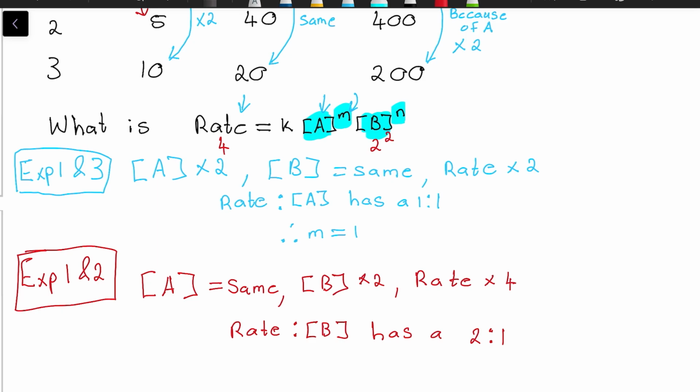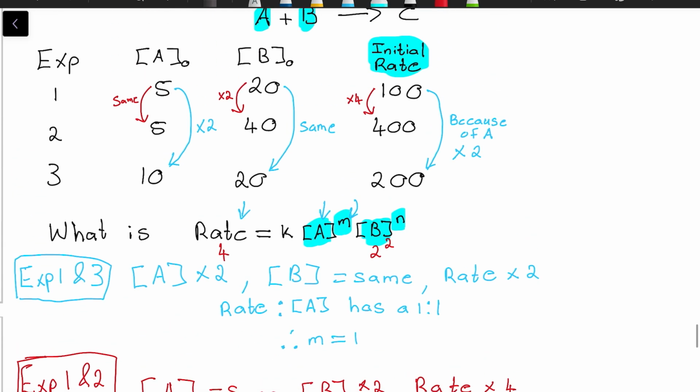All right. And hence, that means that n has to be 2, because if I double B, the only way that this can be multiplied by 4, in other words, to get a 4 on the left-hand side, is if this thing was squared.